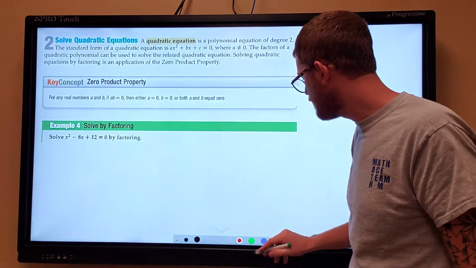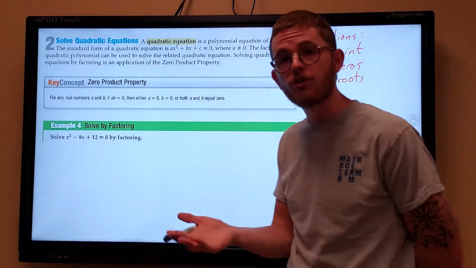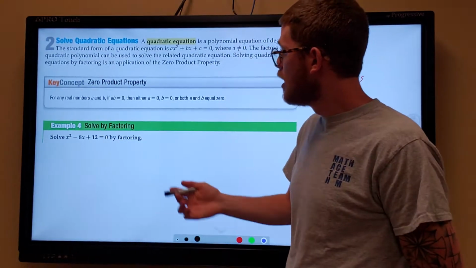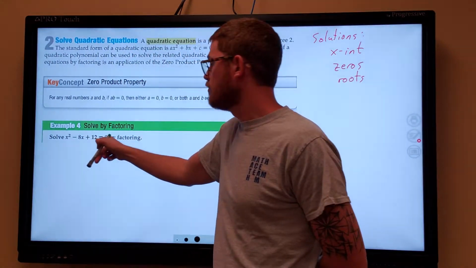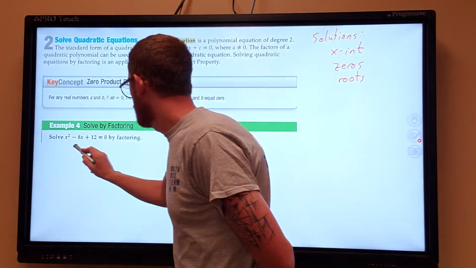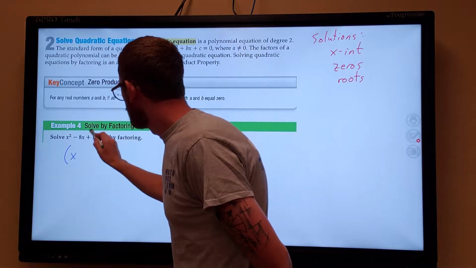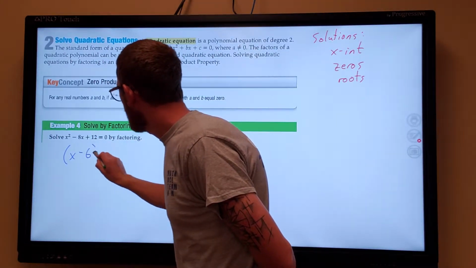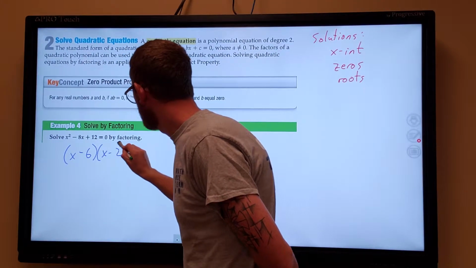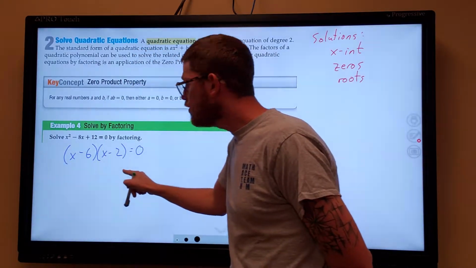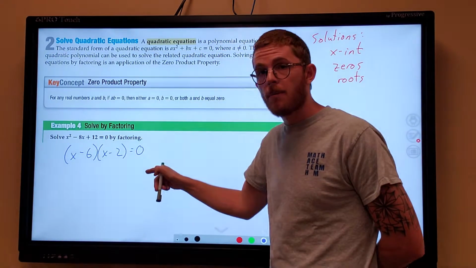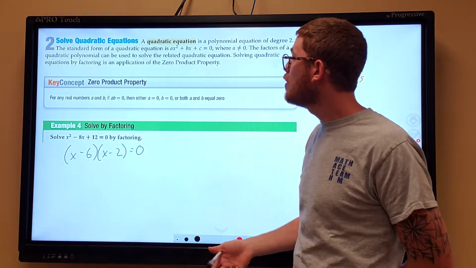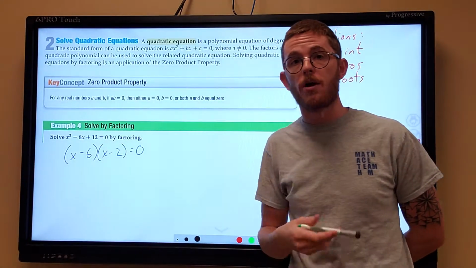So solving by factoring. To solve this by factoring, I am going to first factor it. Looking for two numbers that multiply to get 12, add to get negative 8. Once I have factored with my function set equal to 0, I can use the zero product property.